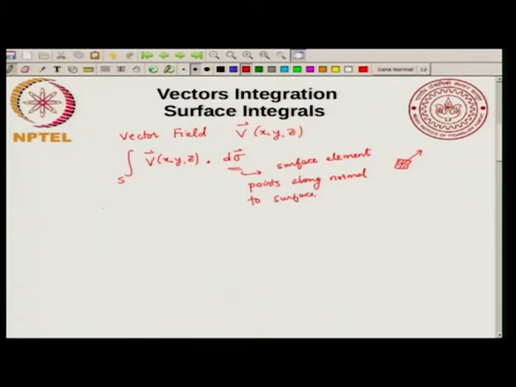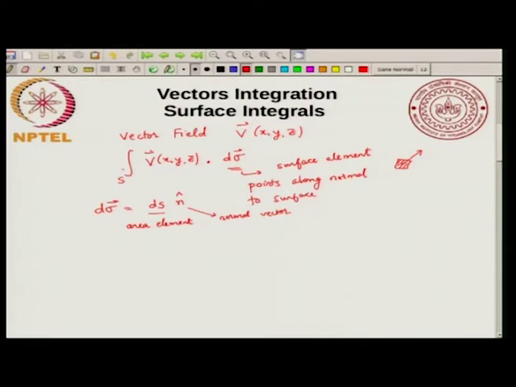In other words, I can write d sigma as ds times n hat, where ds is an area element and n hat is a normal vector. And the range of integration is this surface. So you integrate over a surface S.